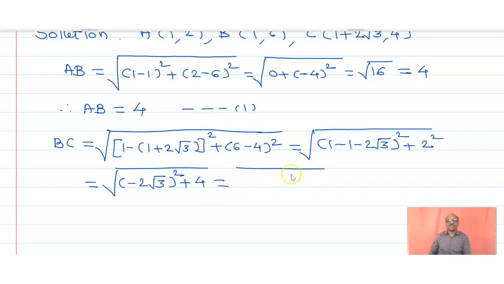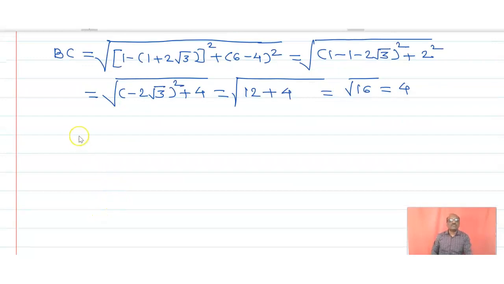If we square this, the square of 2 is 4, 4 into 3, you will get here 12 plus 4, that is root of 16, and here you will get 4. And therefore BC is equal to 4. Second one.